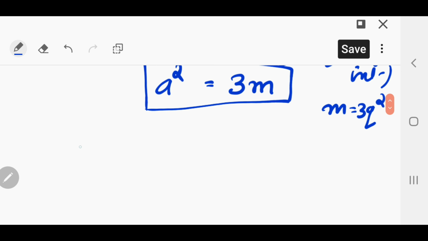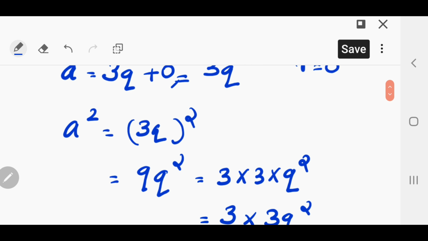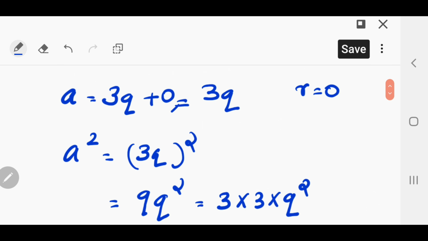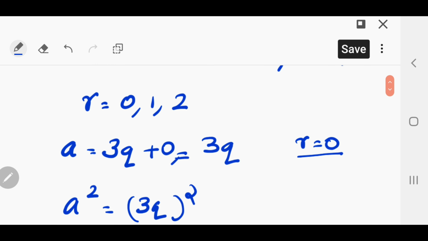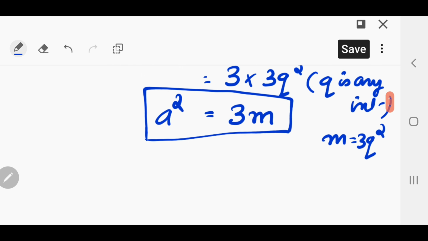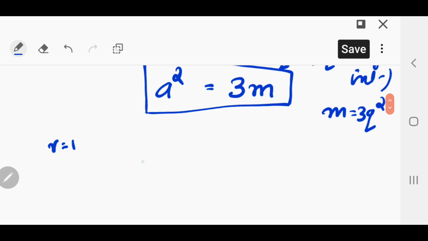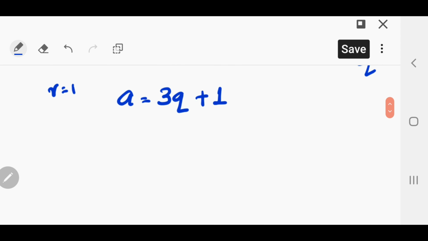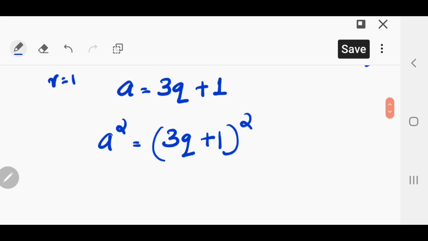Now, next case. First case we finished. Now next our r is equal to 1. If r is equal to 1, what will be our a? a is equal to bq plus r. That means 3q plus r, here 1. Now what we have to find out? a square. a square is equal to 3q plus 1 whole square.